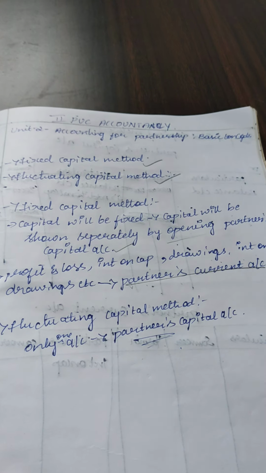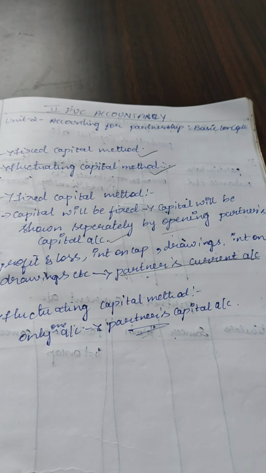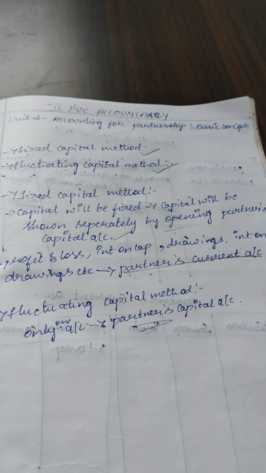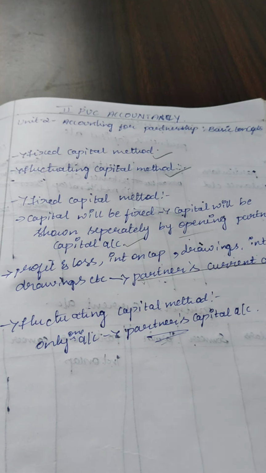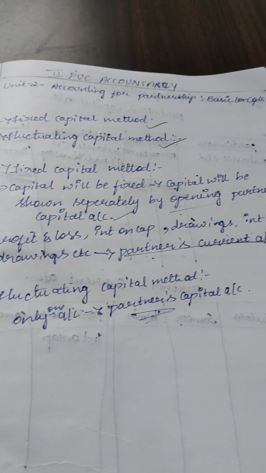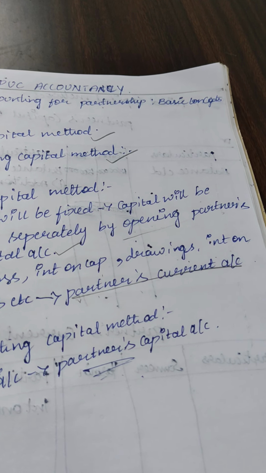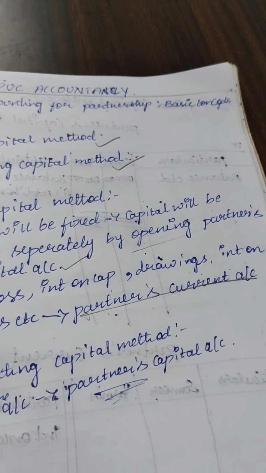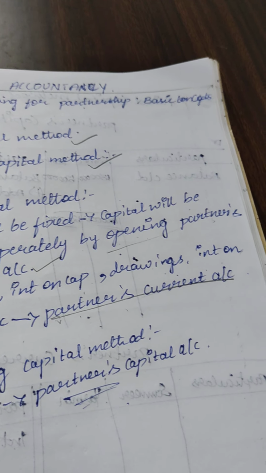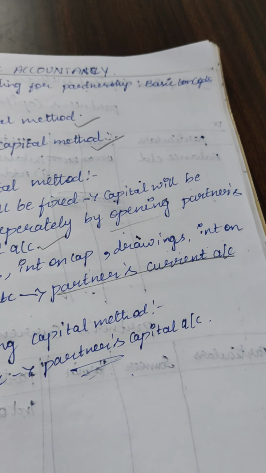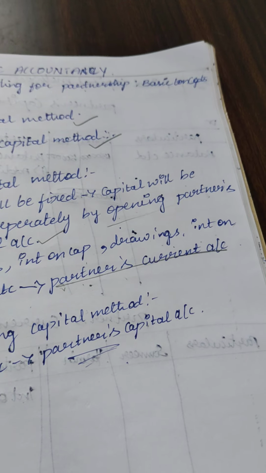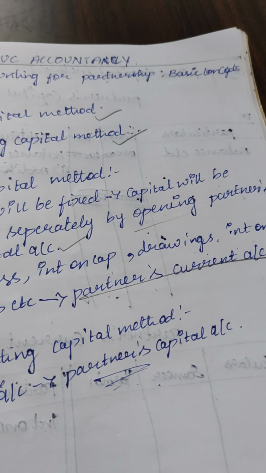The next one is the fluctuating capital method. Here, the capitals of the partners go on fluctuating. It doesn't remain fixed as in the fixed capital method. So in this method, only one account is maintained for each partner, that is the capital account.